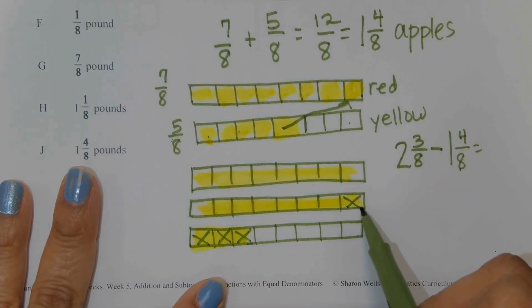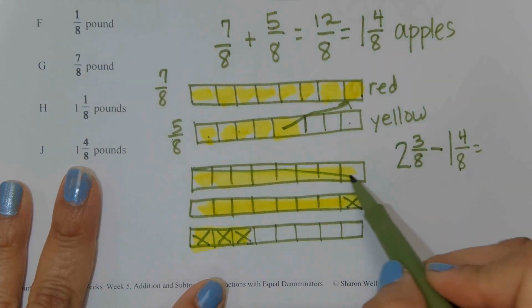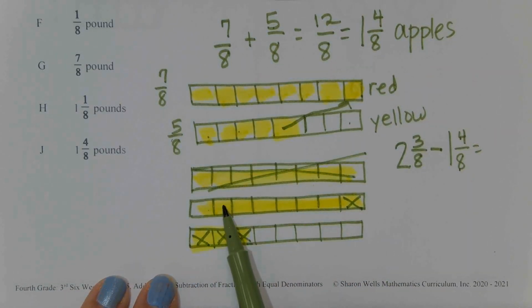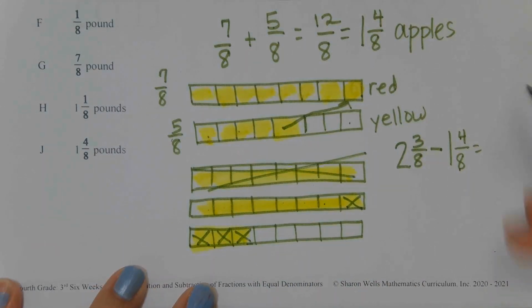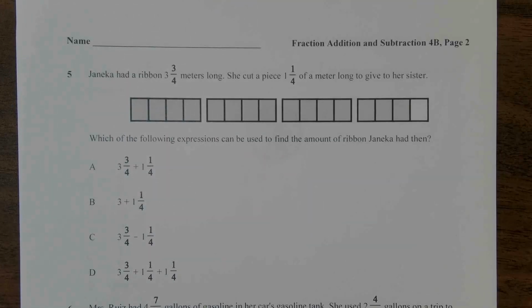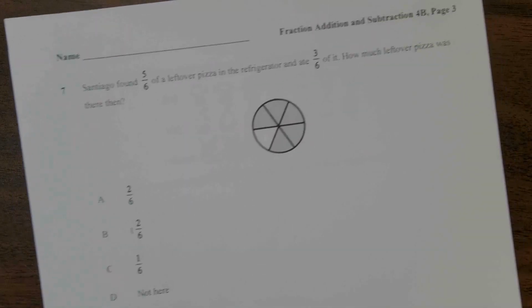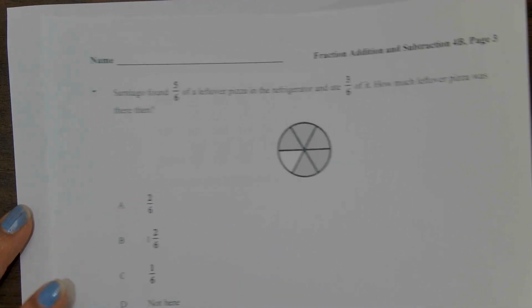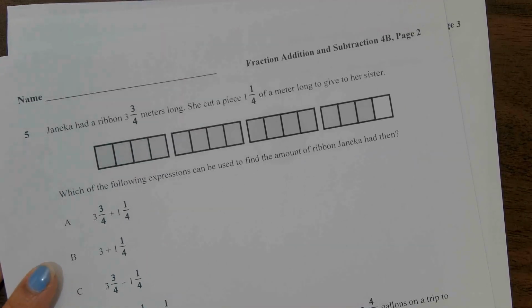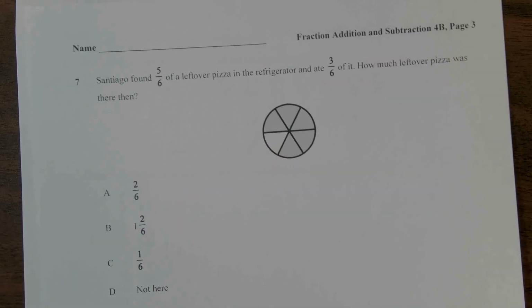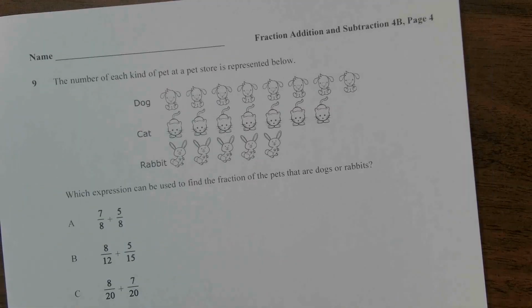And then let's take away one whole. What do I have left, boys and girls? Well, I have 1, 2, 3, 4, 5, 6, 7. 7 over 8. Okay, on your own, you will go ahead and complete numbers 1 through 10. Make sure you're paying attention to the symbols and draw your models, draw number lines if you need to, draw fraction bars, and read them very carefully.